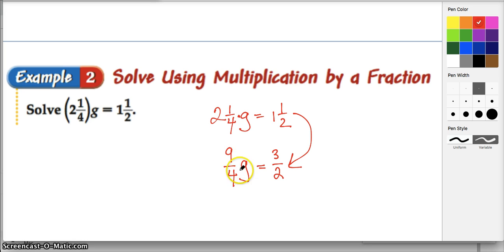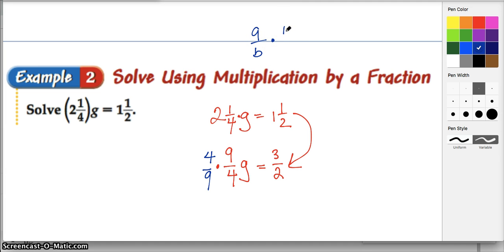So 9/4 G, I've got to get rid of this 9/4. To get rid of a fraction like this, instead of trying to divide it away, I'm going to suggest we multiply it by the reciprocal. Do you remember we talked about multiplying by the reciprocal canceling out that fraction? Let me do a quick example.